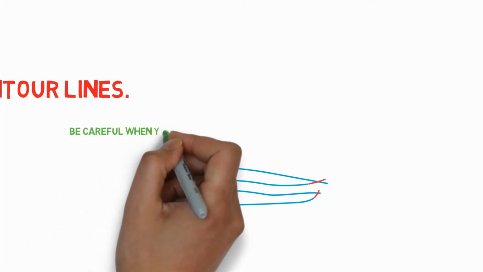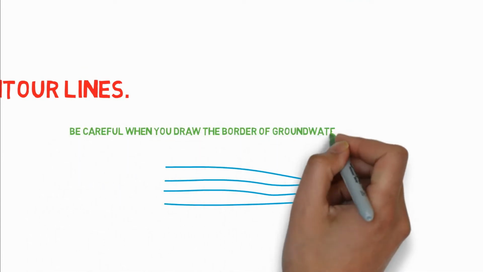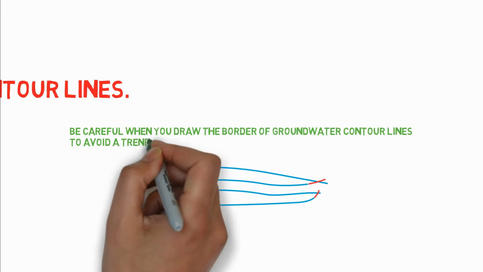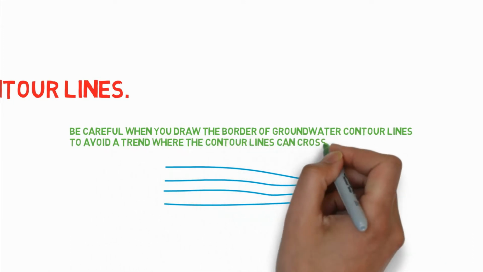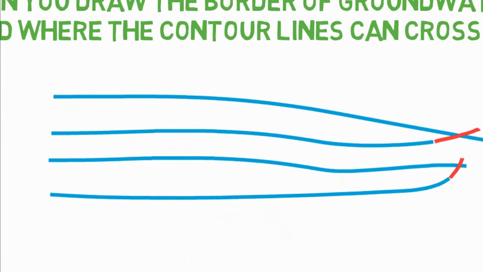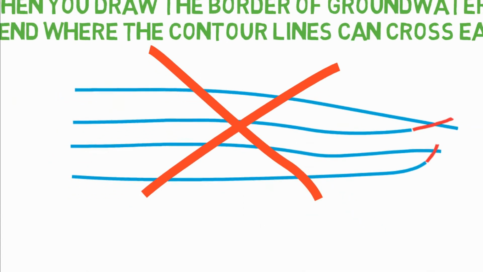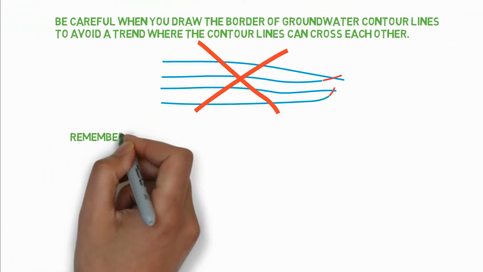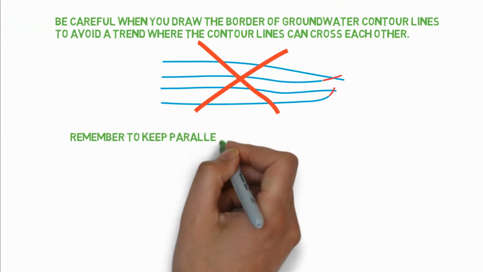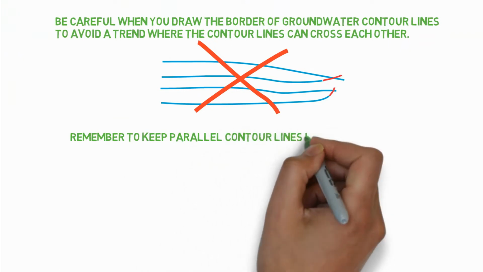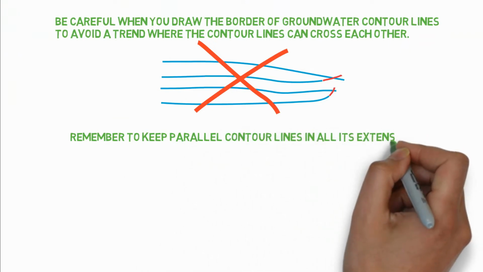Be careful when you draw the border of the groundwater contour lines, to avoid a trend where the contour lines can cross each other. Remember to keep parallel contour lines in all their extension.